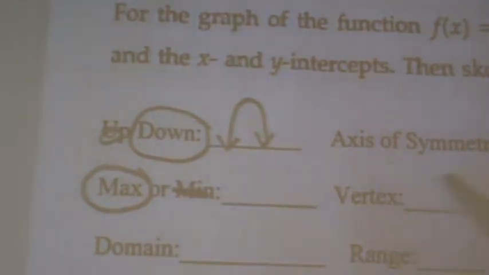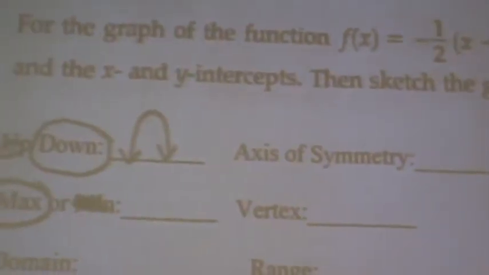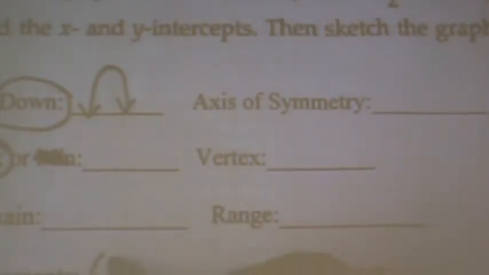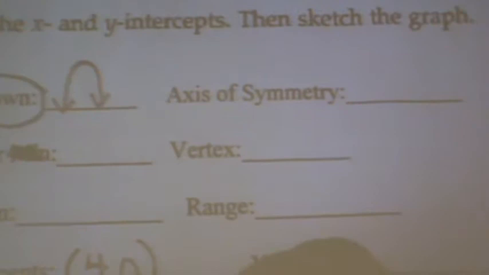Okay? What else do we know about it? So we've got 2 points so far. What else do we know? The x-intercepts are what? (4, 0) and (-2, 0). Excellent. We can plot those points: 1, 2, 3, 4, 0, and -2, 0.